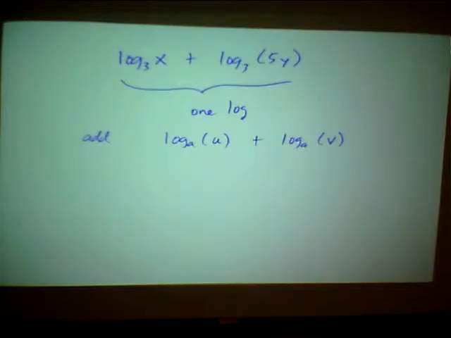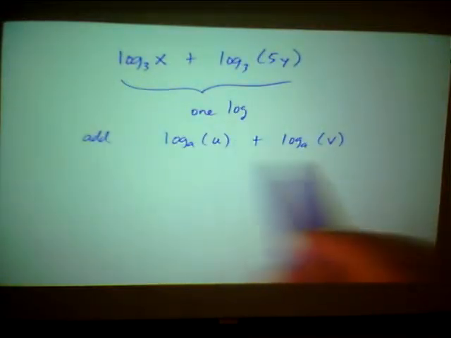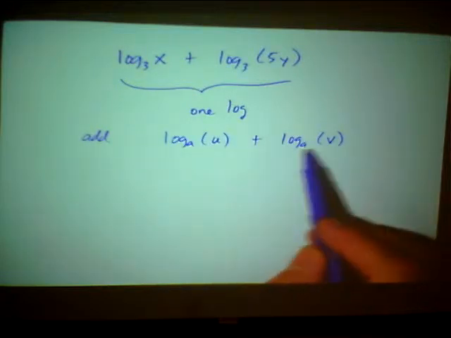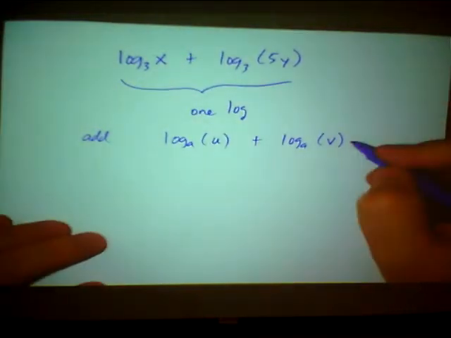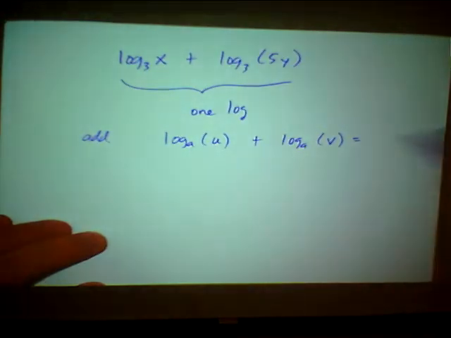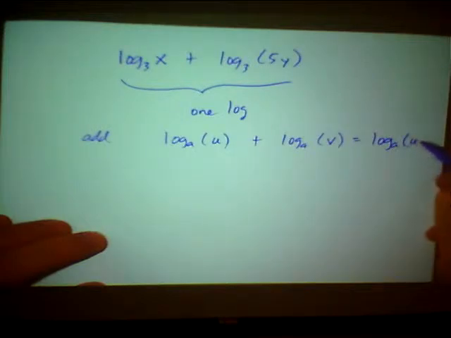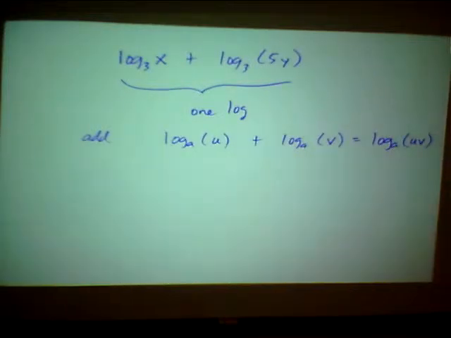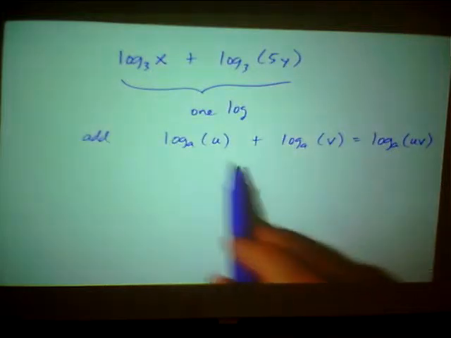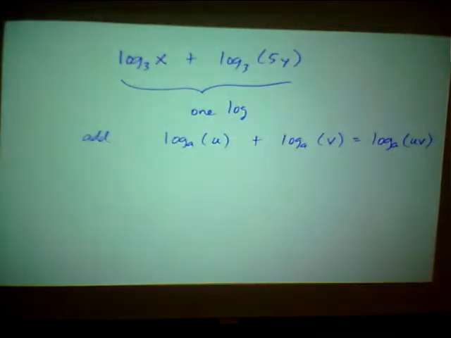This rule only applies when you're adding logs with the same base. So here it's log base A, log base A. And what this rule simply says is, when you're adding two log terms together, you can write it as one log term, and you simply multiply the u and the v. We can call these the arguments, the stuff inside the log.